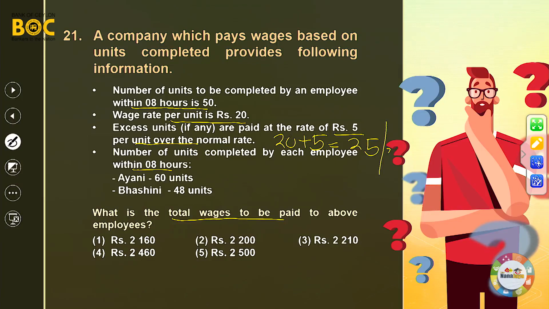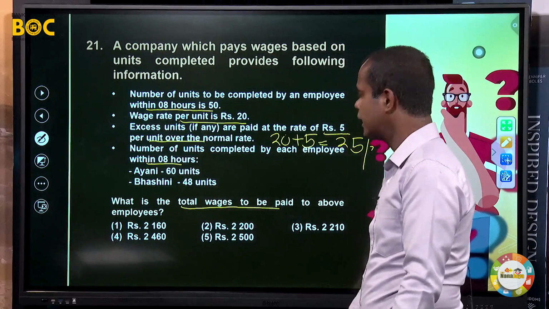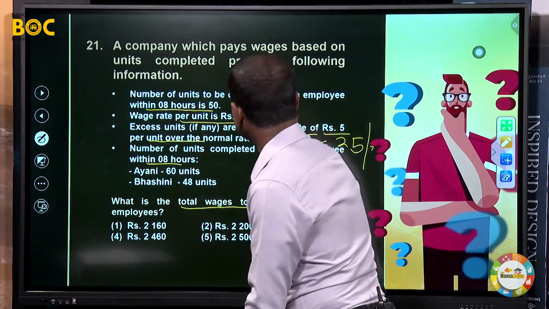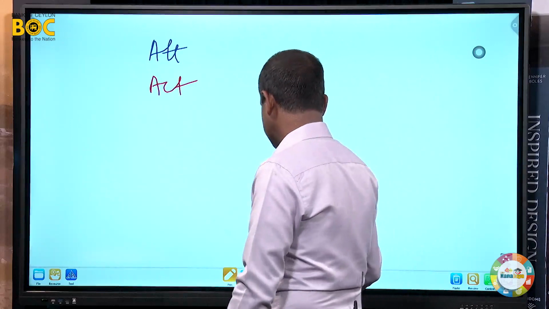Ayani has completed 60 units, Bashini has completed 48 units within 8 hours. Standard production within 8 hours is 50. Wage rate per unit is 20. If there is excess production, you have to pay 25 rupees per unit.